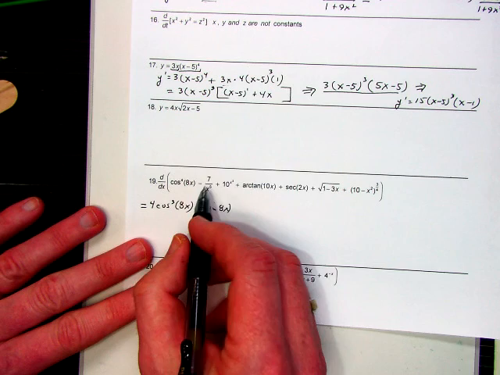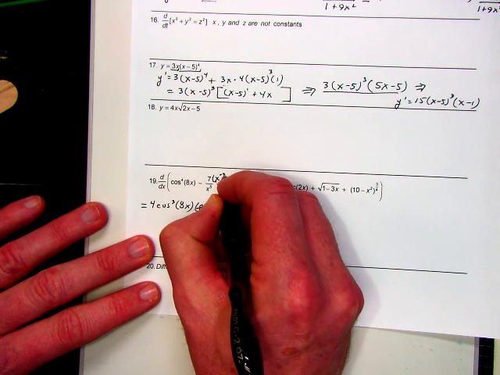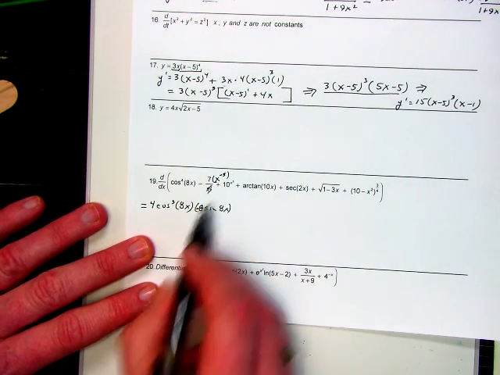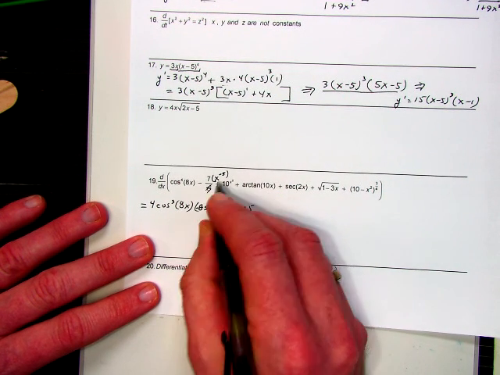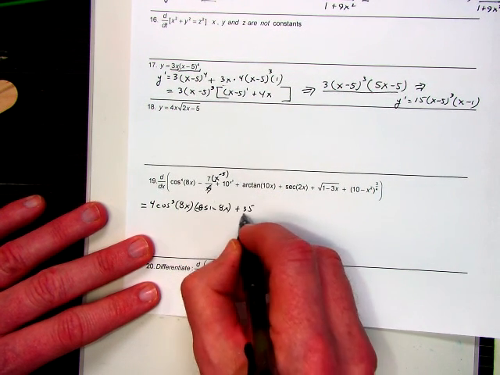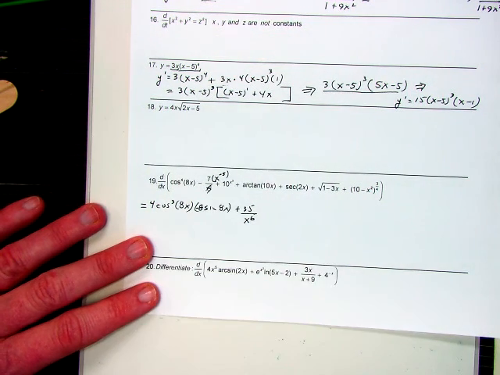Okay, on this one, I'm going to make this x to the negative 5th power. So then when I differentiate it, I get positive 35, and it's x to the negative 6th, which I'm going to put on the bottom, because remember, you reduce the power by 1.